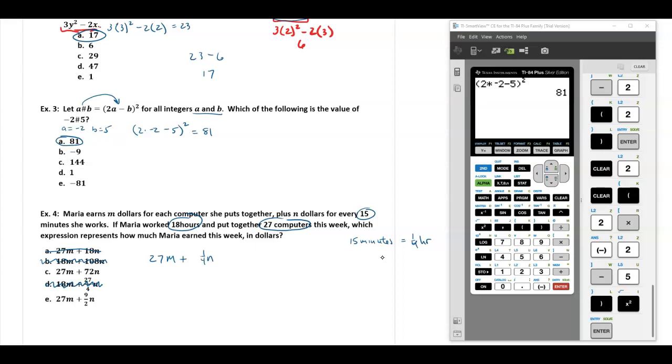So in this case, if she worked 18 hours, it'd be 1/4 times 18 times N. And if I multiply these together, it would give me 18 over 4 times N. That can be reduced by dividing by 2, 9 over 2 N. So letter E would be your answer here.